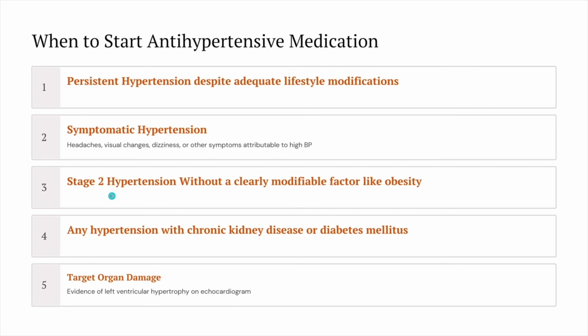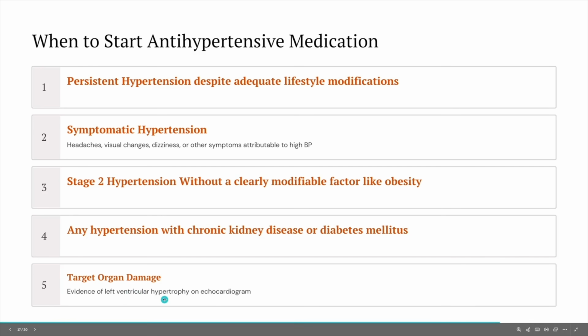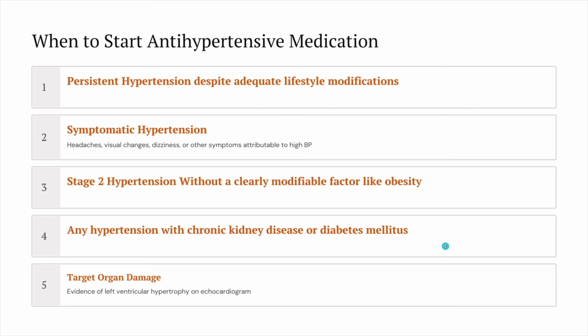Of course, very high blood pressure, you need to start the antihypertensive, like stage 2 hypertension without a clearly modifiable factor like obesity. All right. And any hypertension with chronic kidney disease or diabetes, or if the patient has target organ damage, for example, the left ventricular hypertrophy. So that's why echo is quite important to assess the complications.